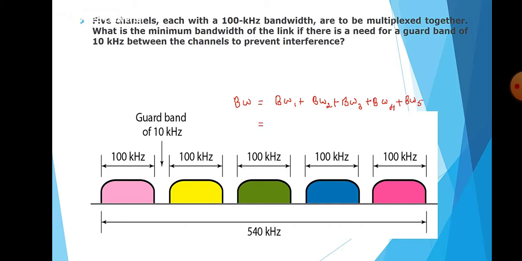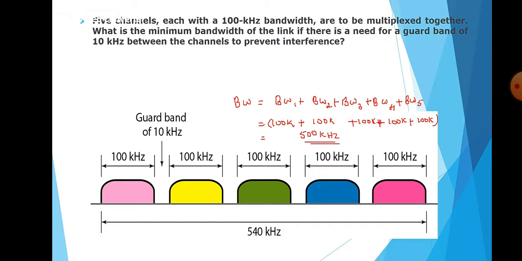So we have 100K plus 100K and so on, each of 100 kilohertz. So we get the bandwidth without considering the guard band as 500 kilohertz.